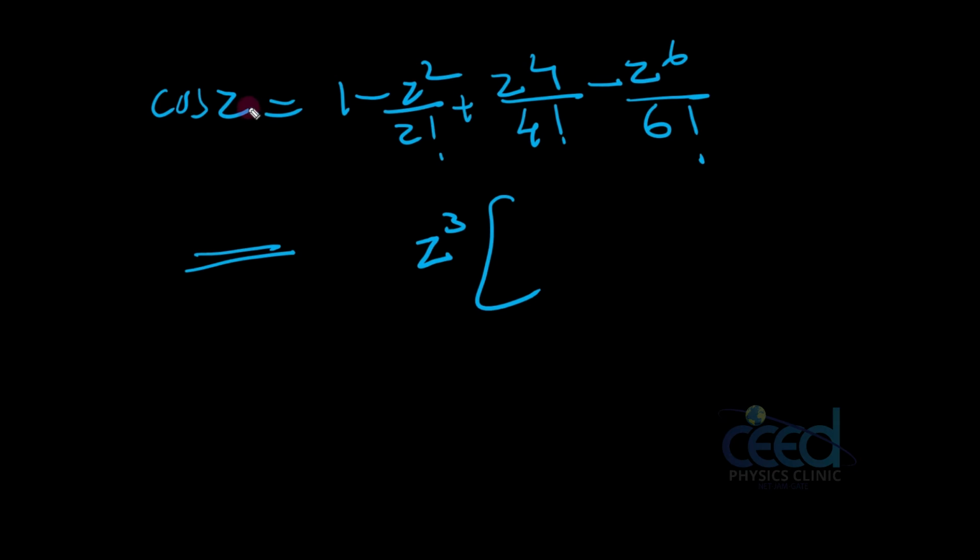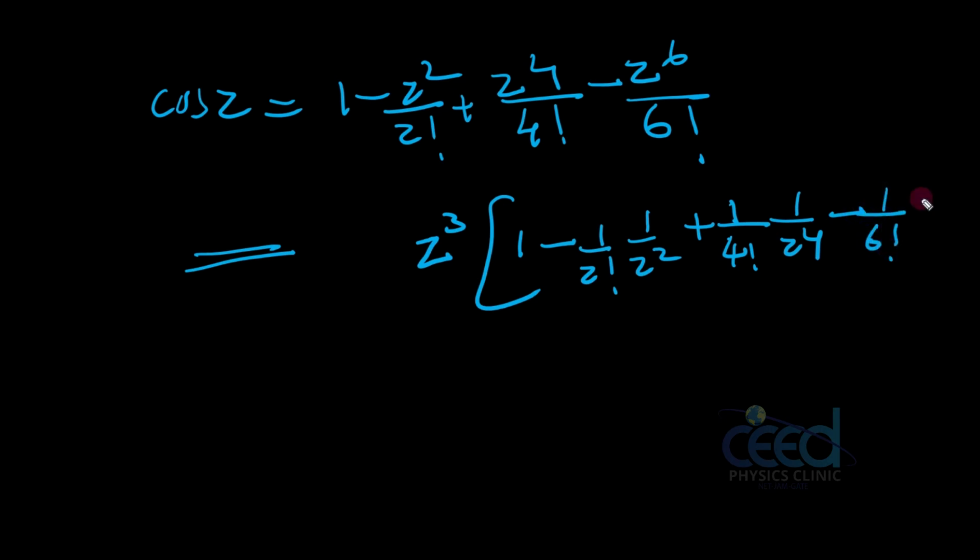So cos 1 by z changes as 1 minus 1 by 2 factorial into 1 by z square, plus 1 by 4 factorial into 1 by z raised to 4, minus 1 by 6 factorial into 1 by z raised to 6, plus etc.